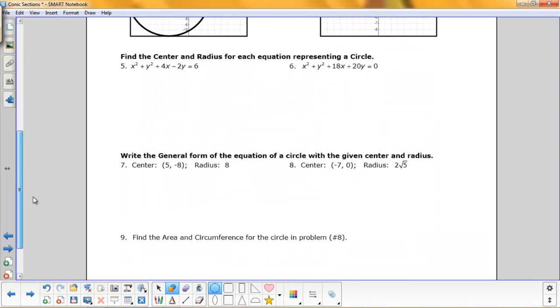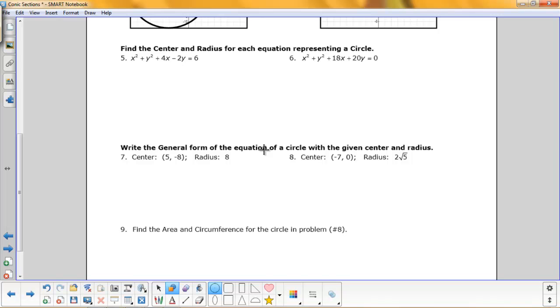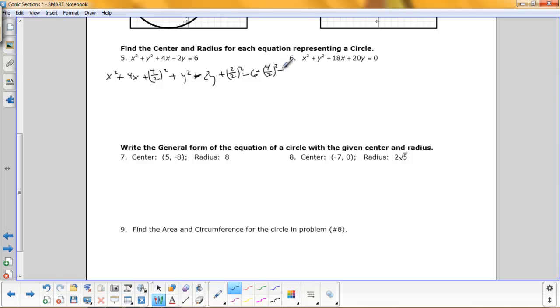Alright. Find the center and the radius for each equation. Simply, we're just going to do the exact same thing without the graphing portion. So I get x squared plus 4x plus (4 over 2) squared, plus y squared minus 2y plus (2 over 2) squared, equals 6 plus (4 over 2) squared plus (2 over 2) squared.